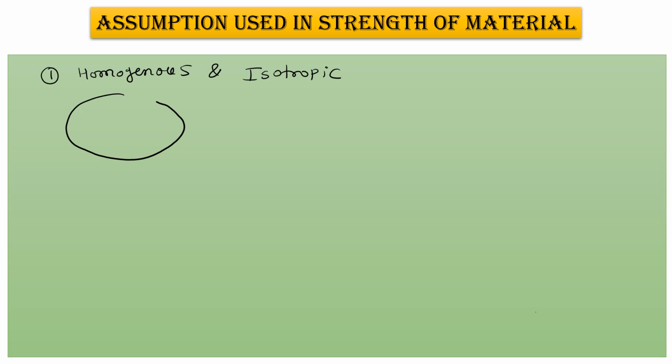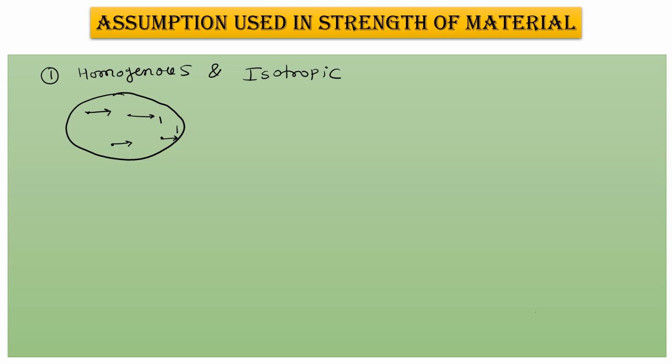Okay, consider this is a body. Definition is same property at each and every point. Means this is one point, second, third, and fourth. These are the points on the body. At each and every point, the property is the same, but in a particular direction. Means at this point in the x direction, assume this as the x direction, all the properties are the same.